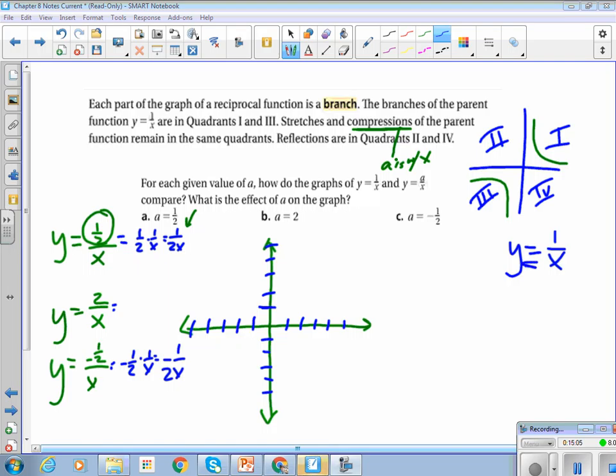But in this function here, I need to cut that in half. So instead of being over 1 up 1, I'm over 1 up 1/2. In my parent function, when I plug in 2, y would equal 1 over 2, or 1/2. But in this case, I'm cutting that in half. Half of a half is a fourth. So I'm going to be over 2 up 1/4.